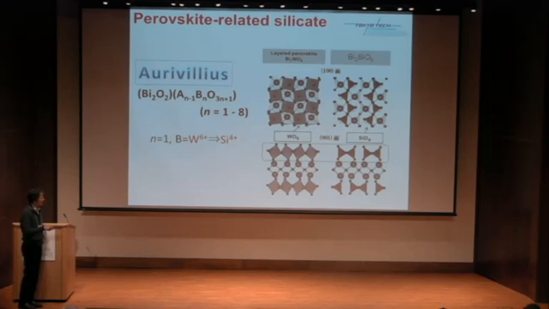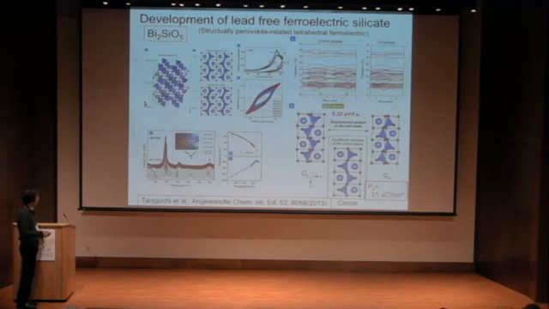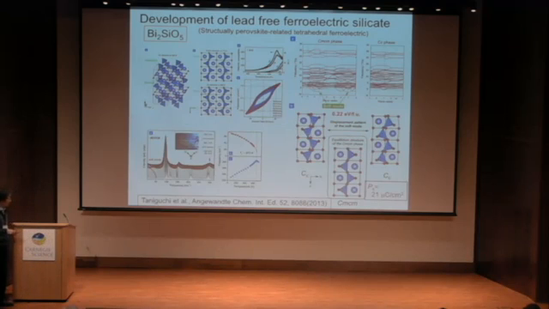In this case, the linear chain of SiO4 appears, and this is the only difference between the two structures. The details were published 3 years ago by Professor Taniguchi, who is now at Nagoya University in Japan.